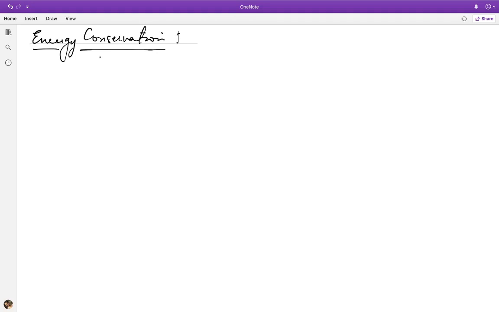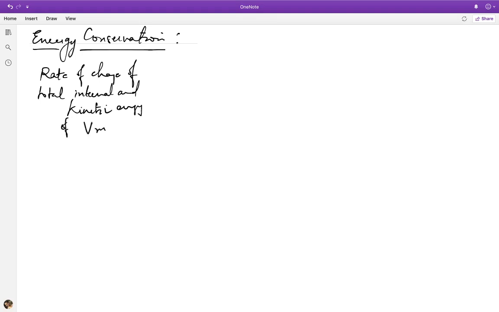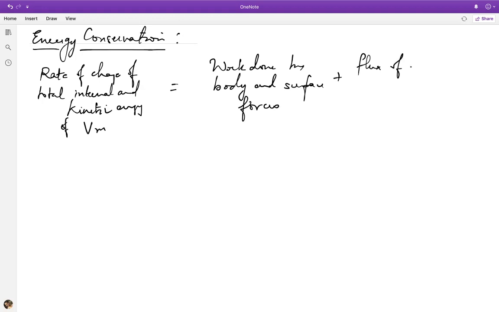So the first step is to write out the conservation principle for a material volume, which is simply the rate of change of total internal and kinetic energy of a material volume must be balanced by the work done by body and surface forces plus the flux of heat through the surface.